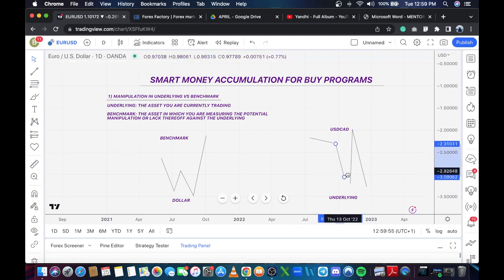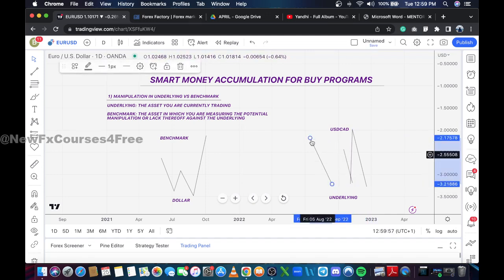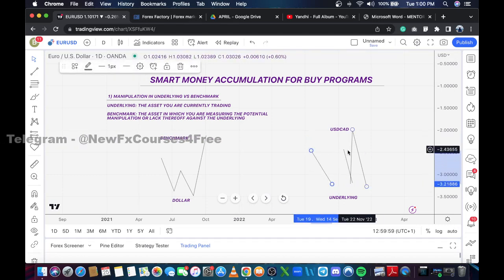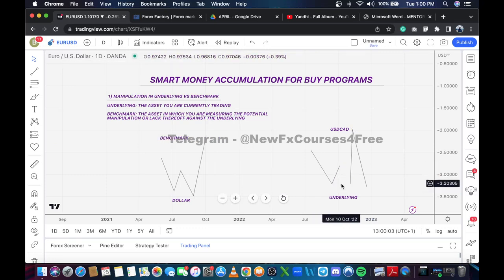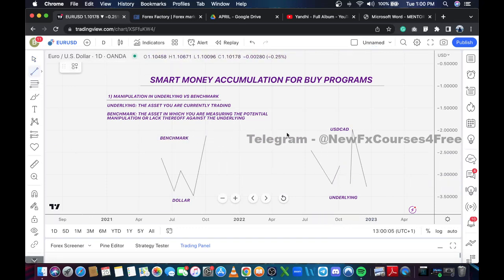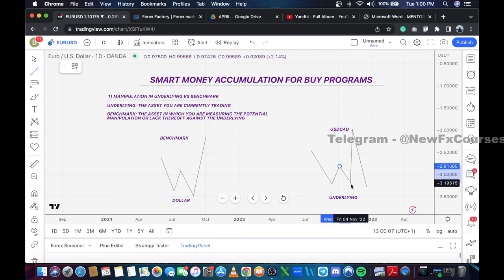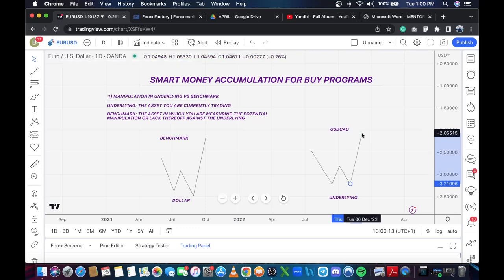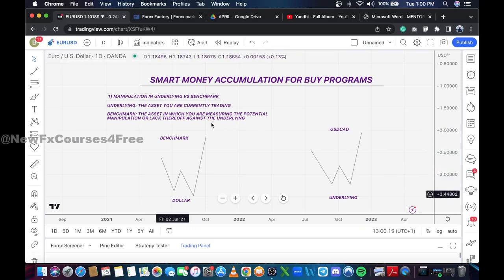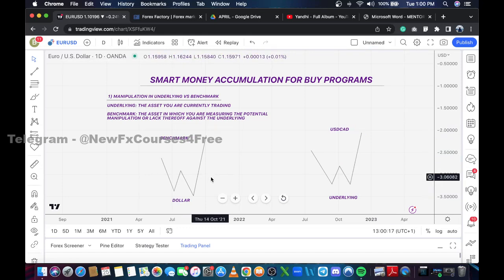Okay, so let's do this real quick. I'm sorry, a lower low, excuse me. Okay, because it is USD CAD and it is positively correlated against dollar. This is what we'll like to see as a classic correlation.